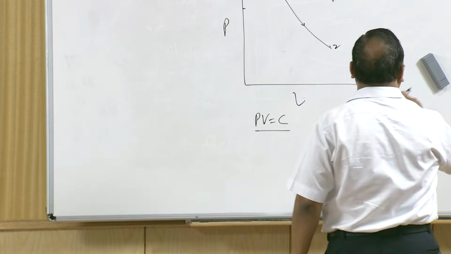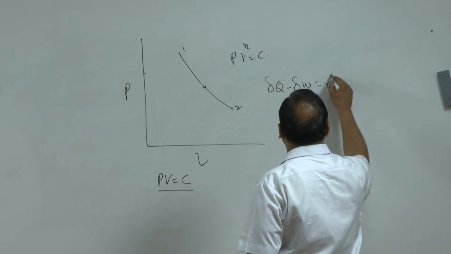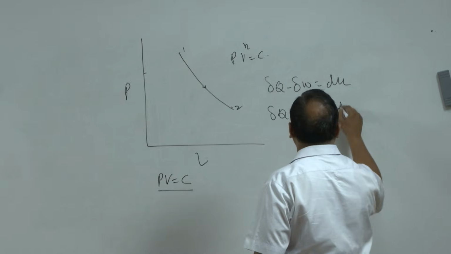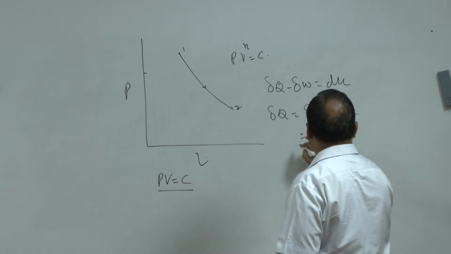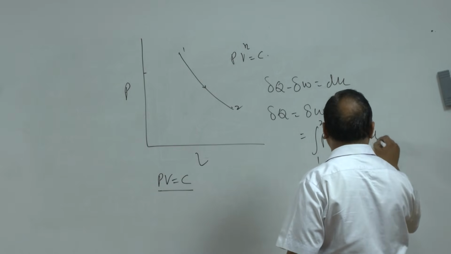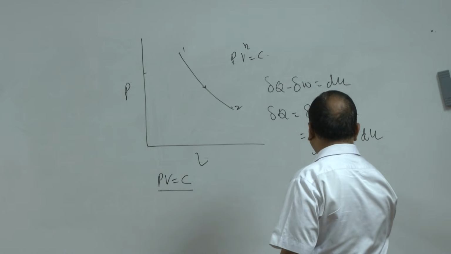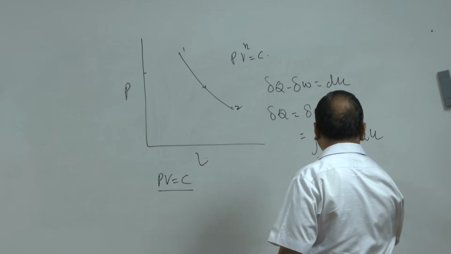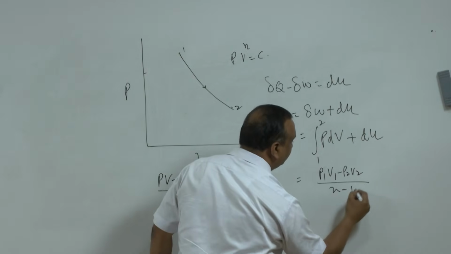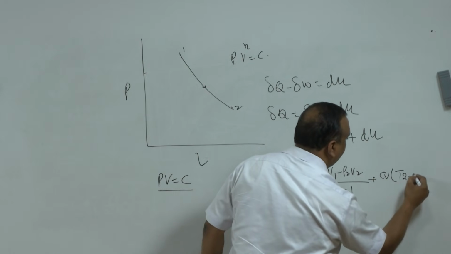So if you look at the polytropic process, if you apply the first law, delta Q minus delta W is equal to dU. So delta Q is equal to delta W plus dU, and here we will say that it is the integral of PdV from state 1 to 2 plus dU, and if we integrate, we will get (P1V1 minus P2V2) divided by (n minus 1) plus Cv (T2 minus T1).